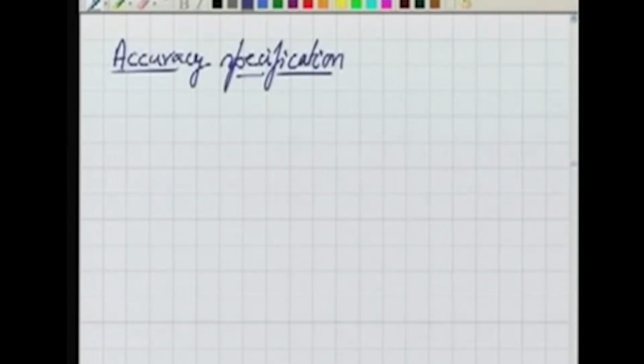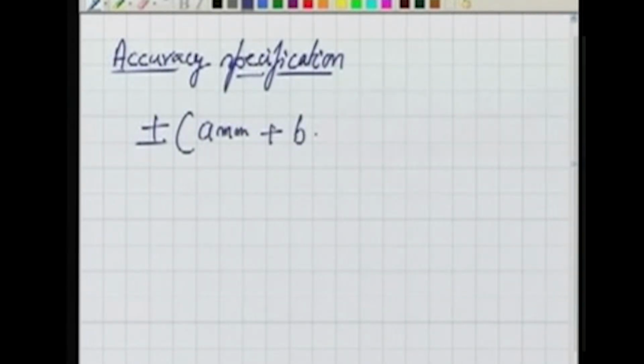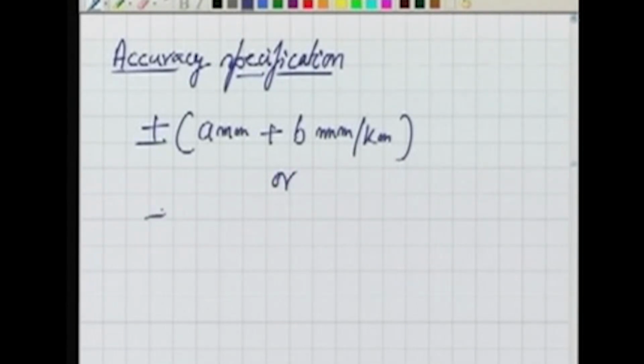The most general way of doing it is plus minus A millimeter plus B millimeter per kilometer, or plus minus, same thing I am writing, A millimeter plus B ppm.